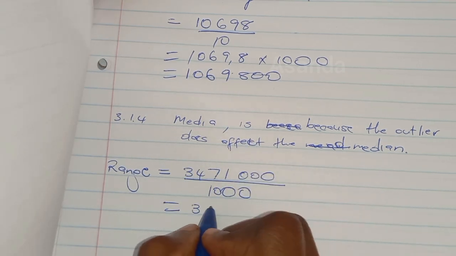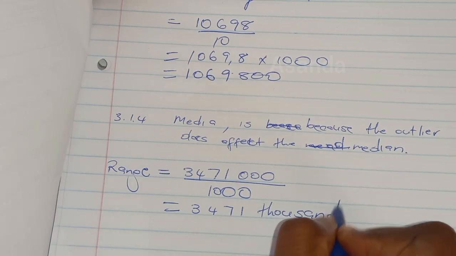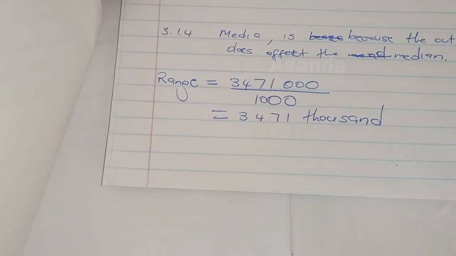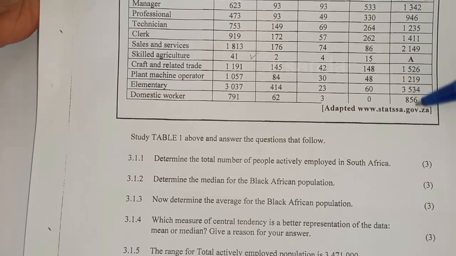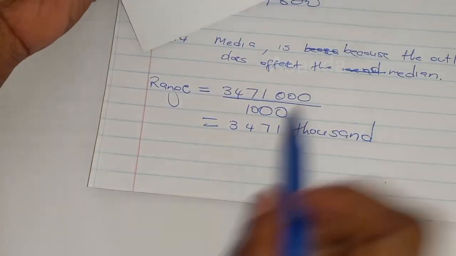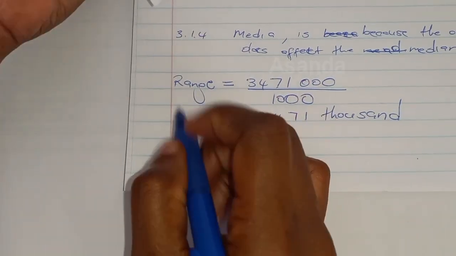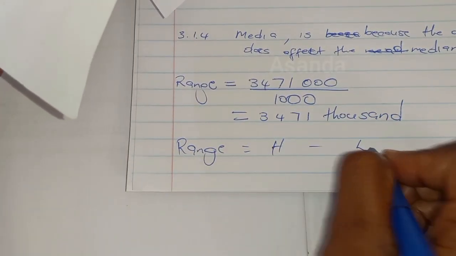And so now it's 3471, like all the other numbers, right? Now to find A, I'm going to use the range. That is what they're talking about, right? They say A is the lowest number. That's fine. I'm going to use the range because I have it. And so I'm going to say range is equal to highest data minus lowest data, right?